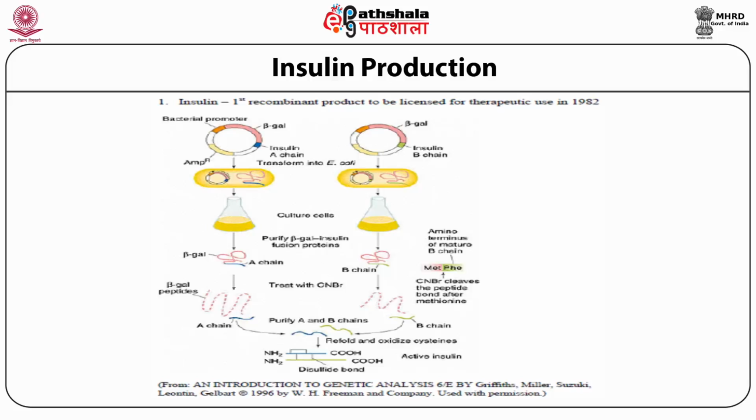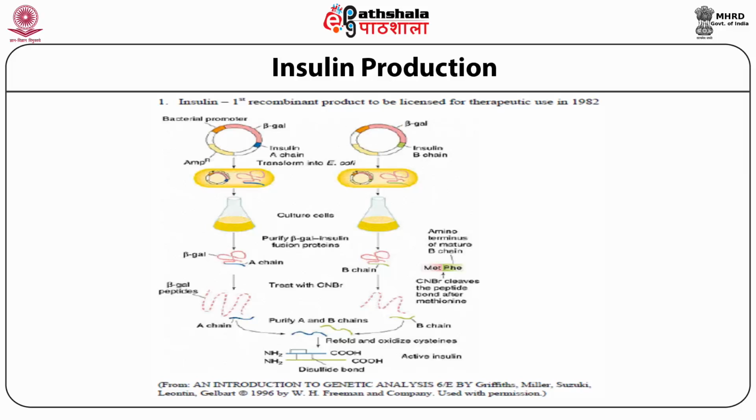In the past, patients used to take insulin obtained from pigs and cows. However, non-human insulin often causes allergic reactions in many diabetics. With the advent of recombinant technology, we are now able to produce safe human insulin.